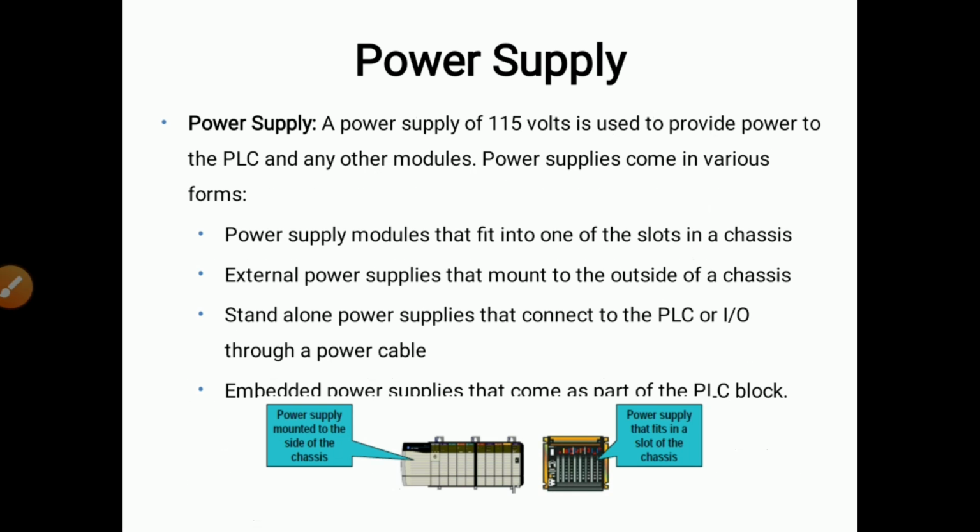Now, for the working of the PLC we need a power supply. A power supply of 115 volts is used to provide power to the PLC and any other modules. The power supply comes in various forms. You can see here power supply modules that fit in one of the slots in a chassis.